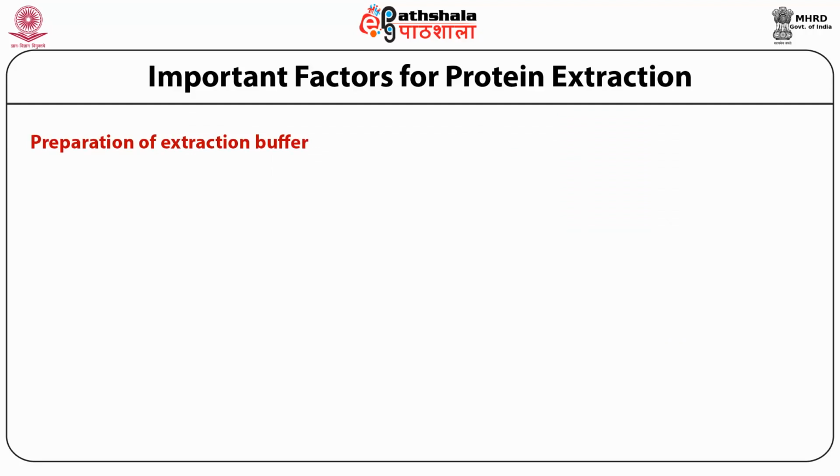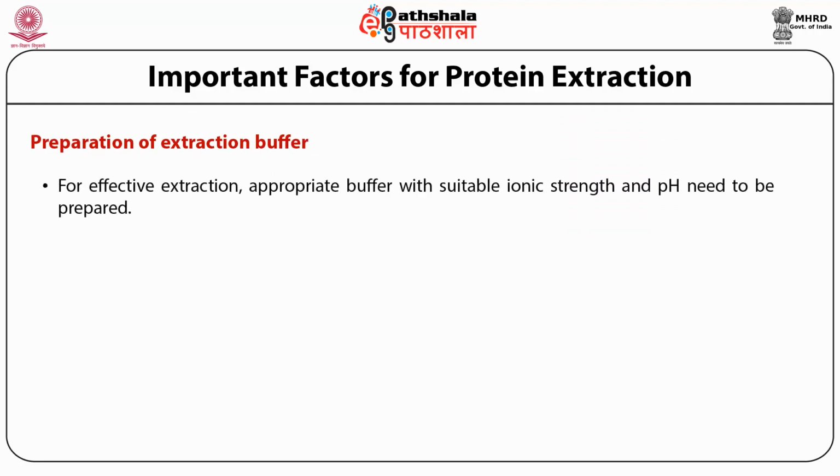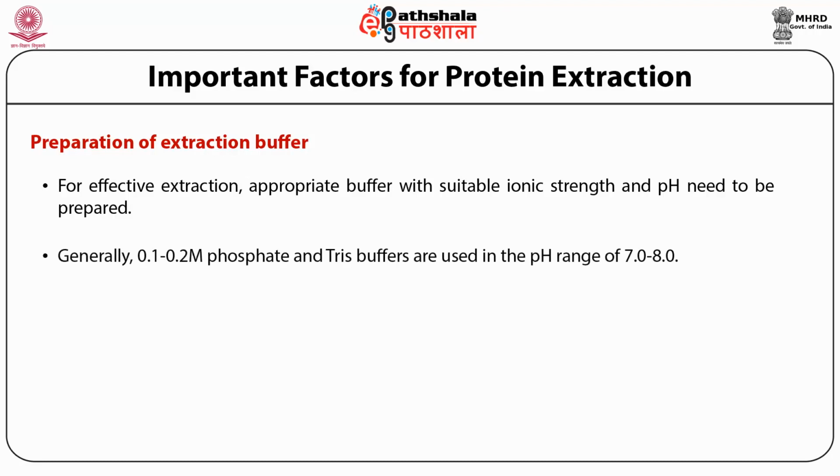Preparation of extraction buffer. For effective extraction, appropriate buffer with suitable ionic strength and pH needs to be prepared. Generally, phosphate and Tris buffers are used in the pH range of 7 to 8. These buffers are used at low ionic strength, a molarity of about 100 to 200 millimolar.